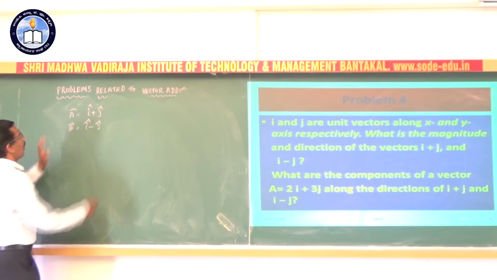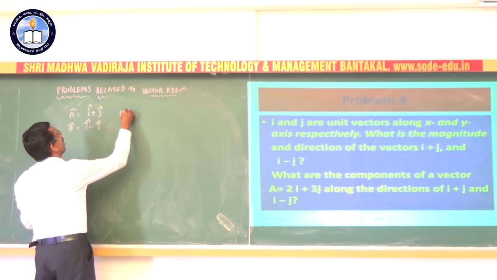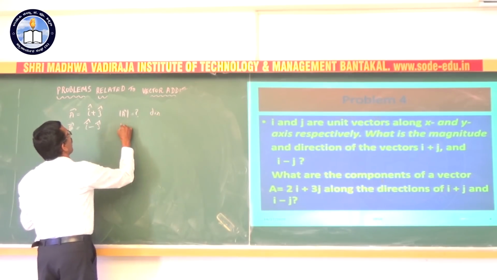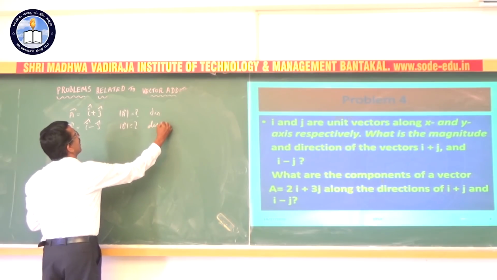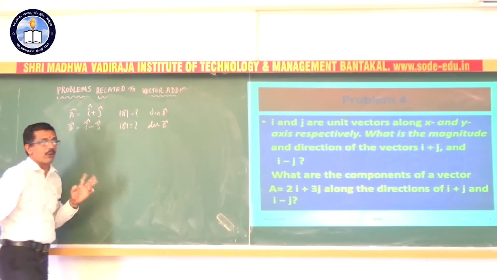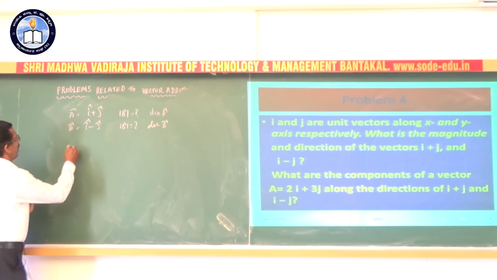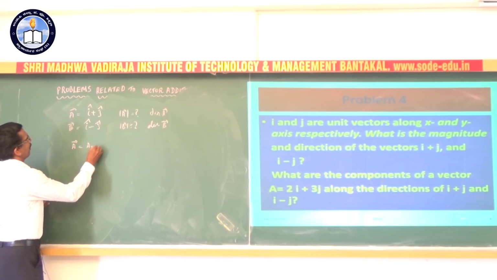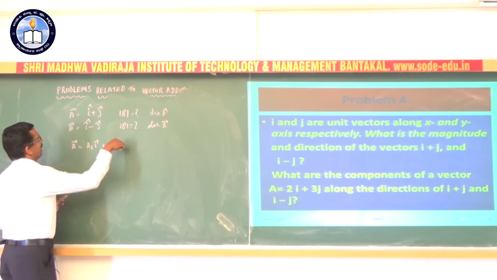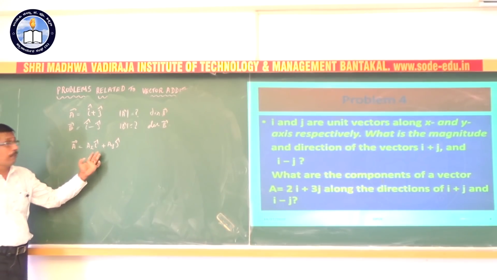First part, what is the magnitude of A? What is the direction of A? What is the magnitude of B? What is the direction of B? We have to find. We already know if A is equal to Ax into i cap plus Ay into j cap, this is the basic.